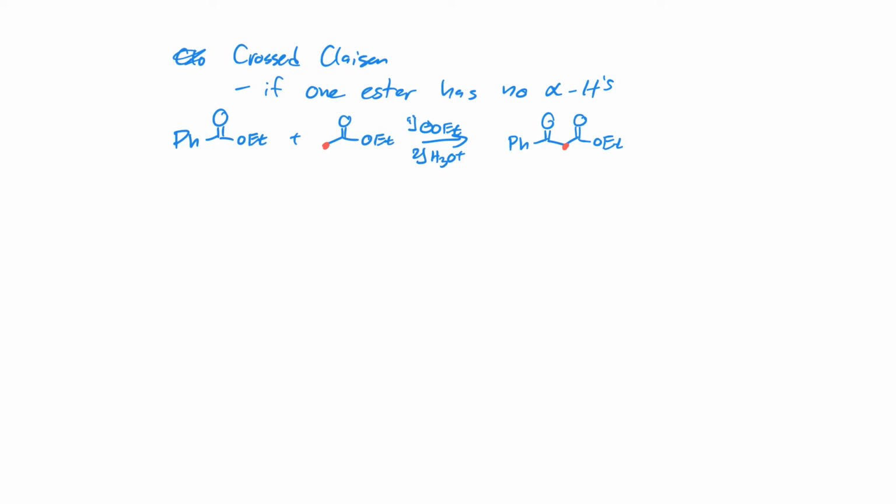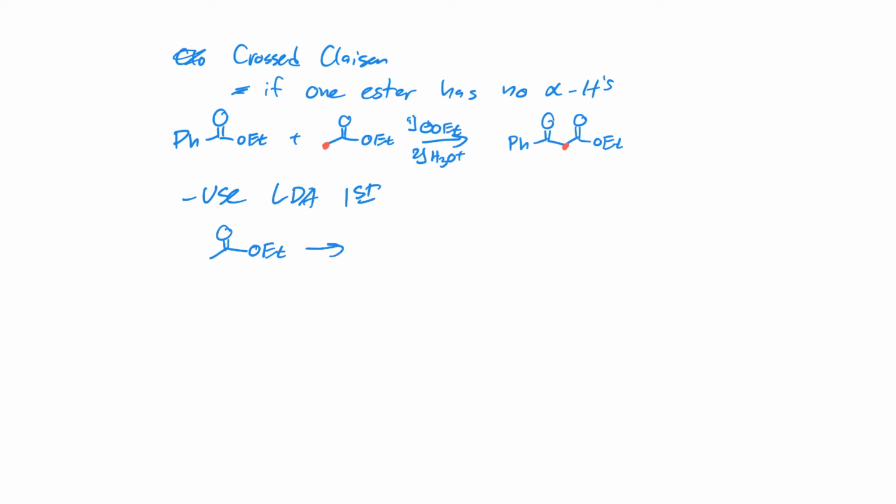One other way to do that is to use LDA first. So we don't have to use the strong base, the ethoxide base or the alkoxide base. We could use a strong base like LDA. It's a little more expensive. This is not going to replace the OR group on our ester because we know that this is not a nucleophilic base.